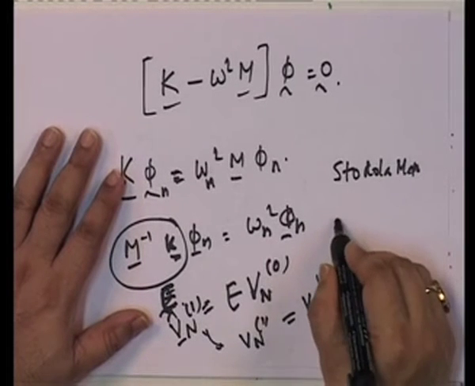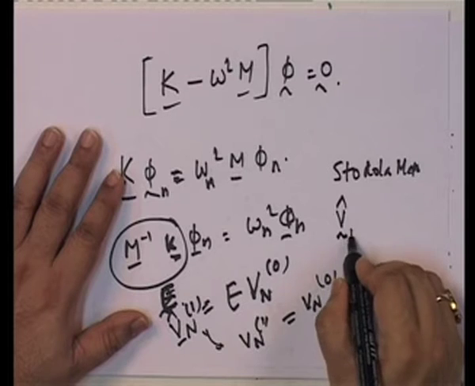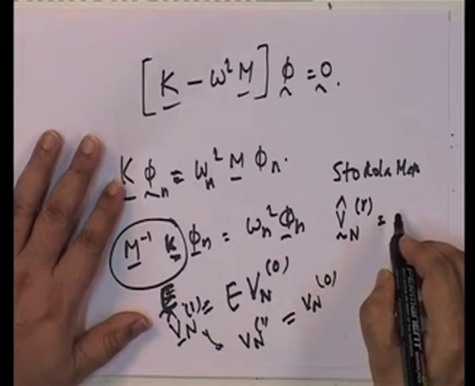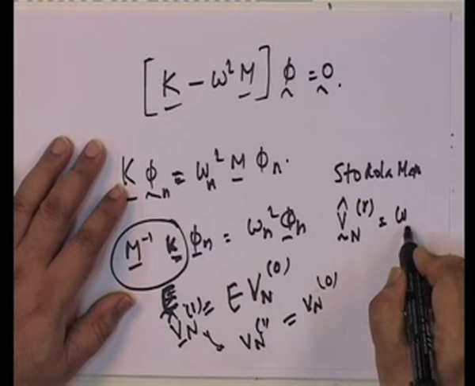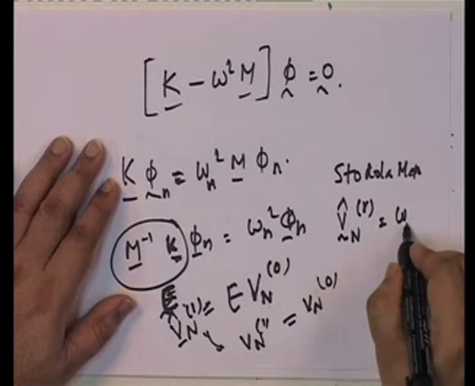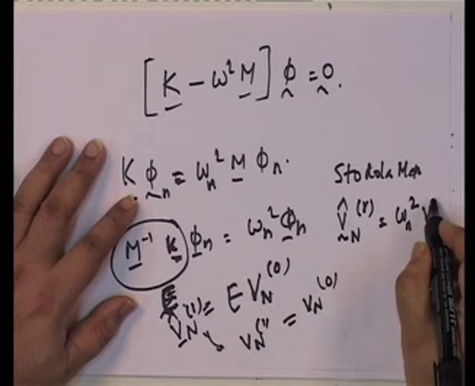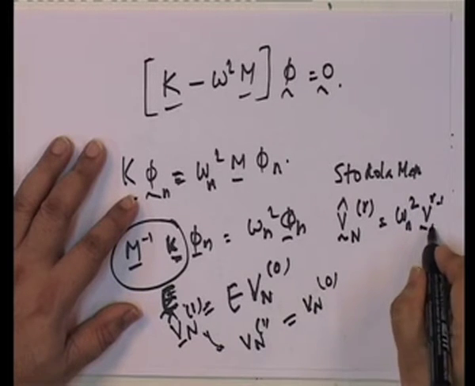and ultimately the thing that happens is that Vn r is equal to omega n squared into V r minus 1 Vn.